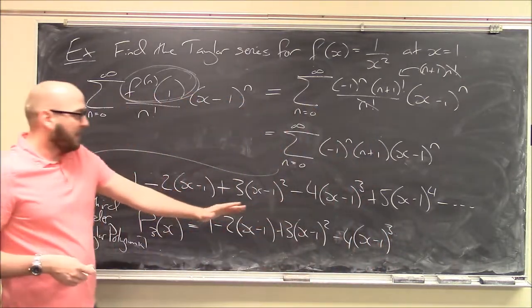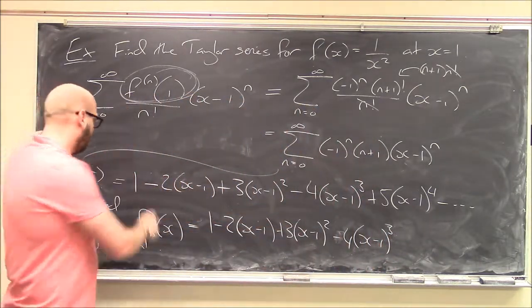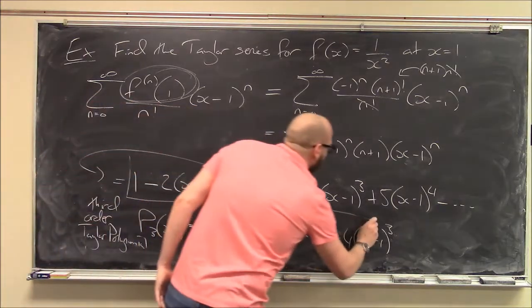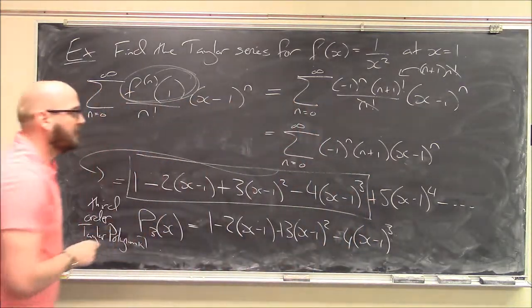I've hit the third power of x, so I'm going to stop there. So p sub 3 is just count out to the third power.